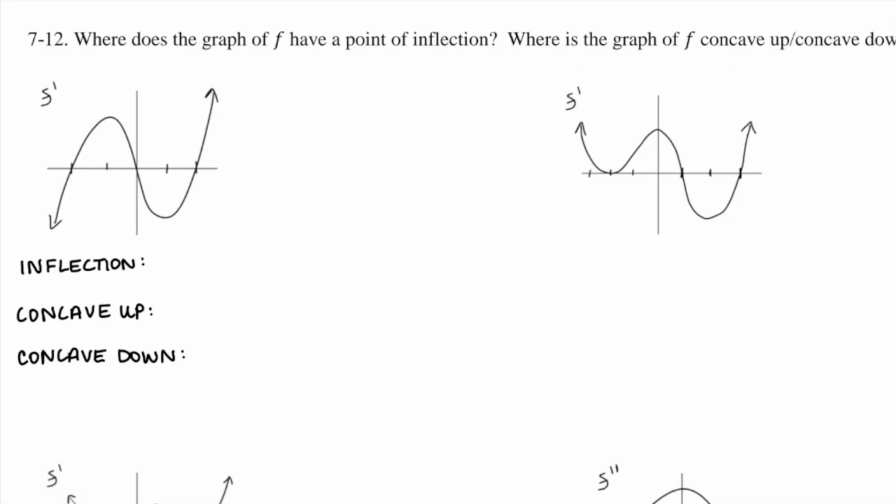All right, now moving on to the next page, we've got some graphs. For now, it's going to be mostly the graph of f prime, and it's going to turn into the graph of f double prime, and we're going to be asking about points of inflection, concave up, concave down. Now, point of inflection is where concavity changes. If we're looking at the graph of f prime, the concavity of f is determined by whether f prime is increasing or decreasing.